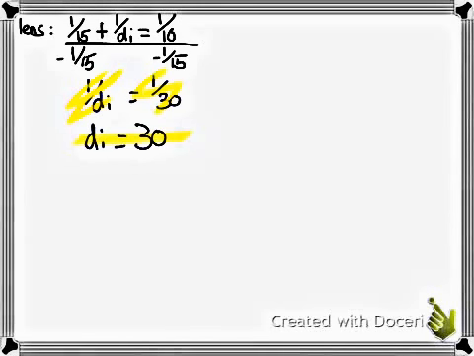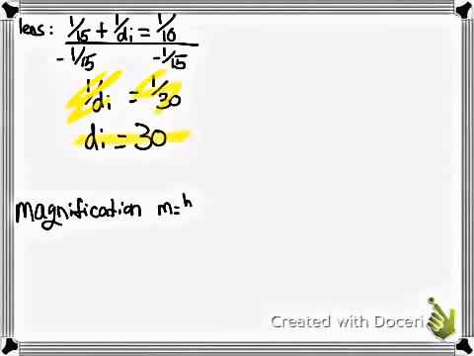Remember that equation is m equals h_i divided by h_o, which is equal to negative d_i over d_o. I didn't have d_i to begin with, but now that I have it, I can just place it.